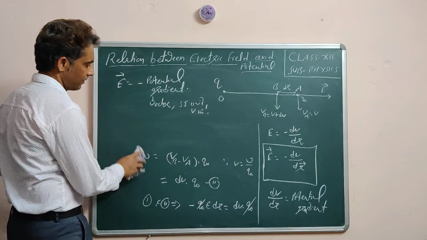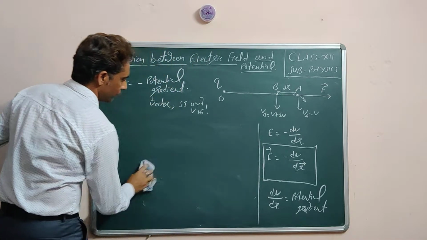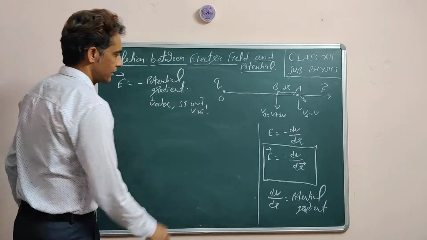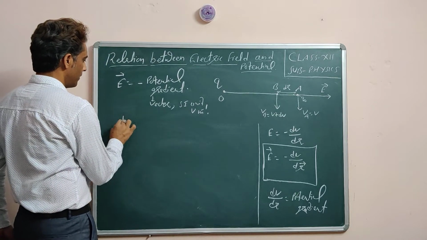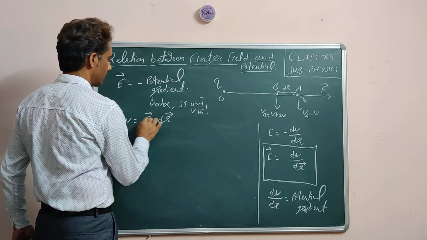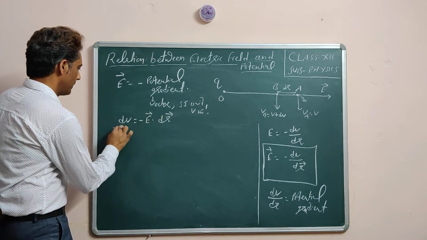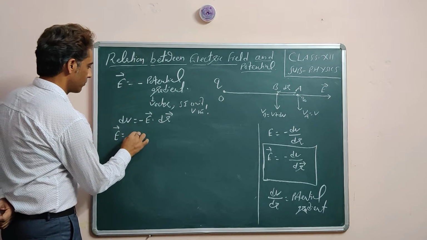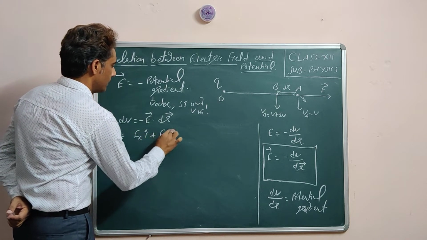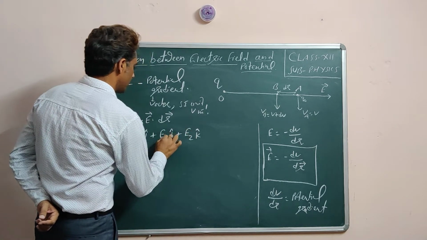Now if I write this electric field in terms of Cartesian coordinates, from here we can write dV is equal to minus E dot dr. Electric field E is equal to Ex i plus Ey j plus Ez k.